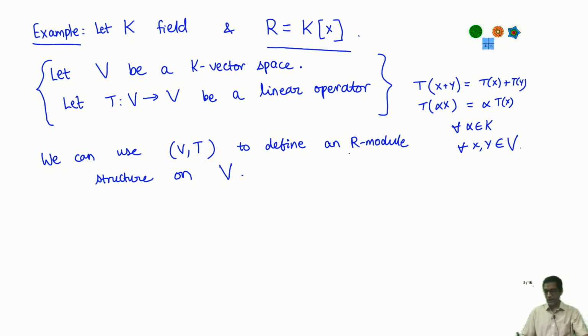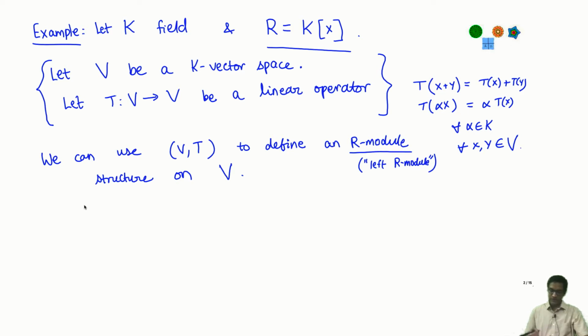When I say R module without qualifying it, I usually always mean left R module. And note, we have already said that left and right coincide if the ring is commutative, which in this case it is. We can use this to define an R module structure on V.